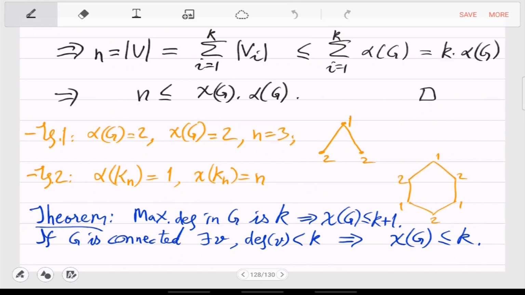This gap between k plus 1 and k, can it be improved? Can you say that maximum degree is k, but chromatic number is only k? Always. Is it possible?